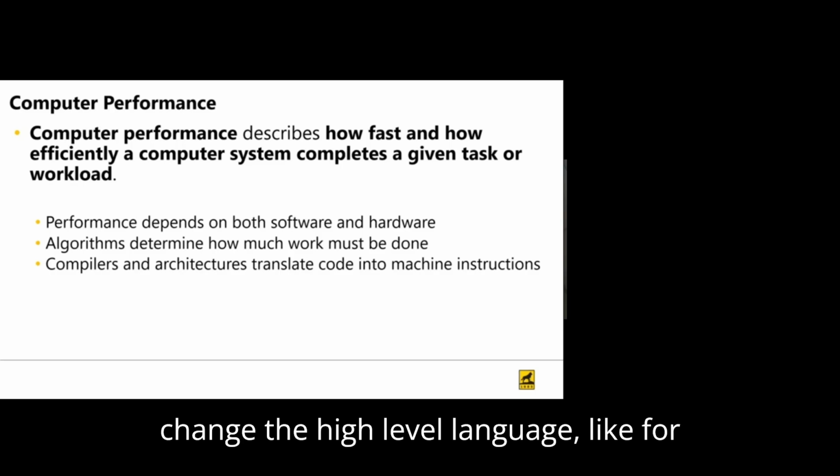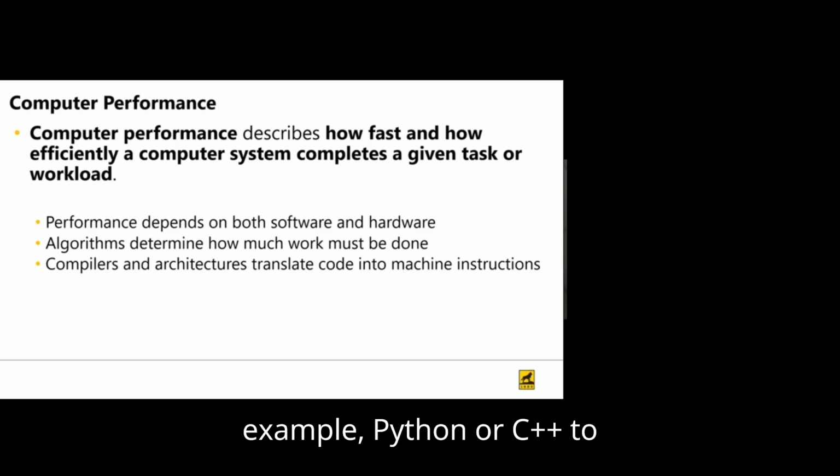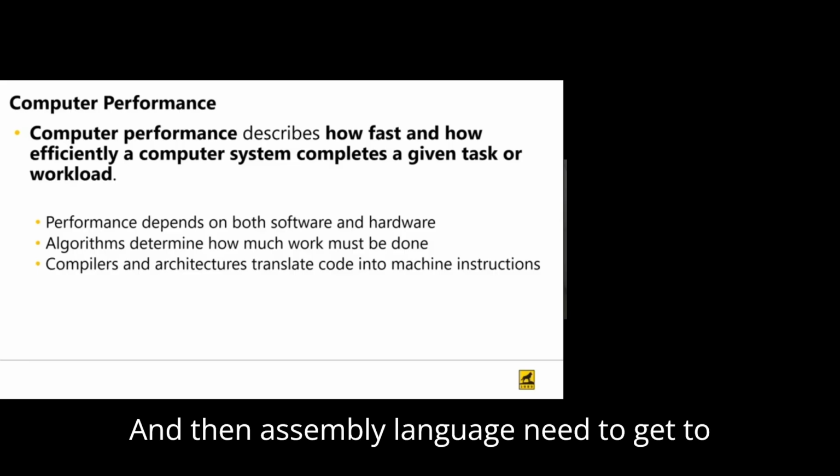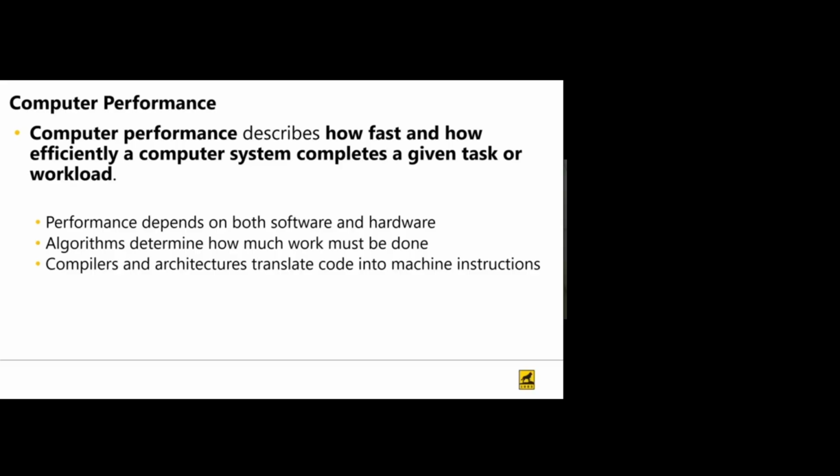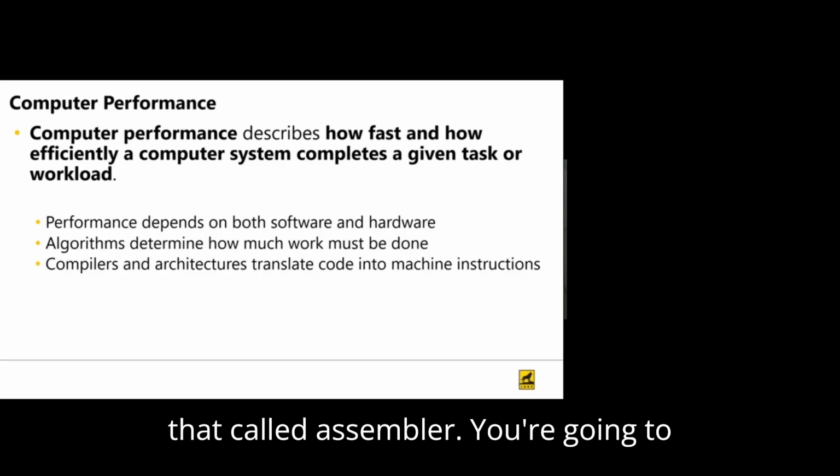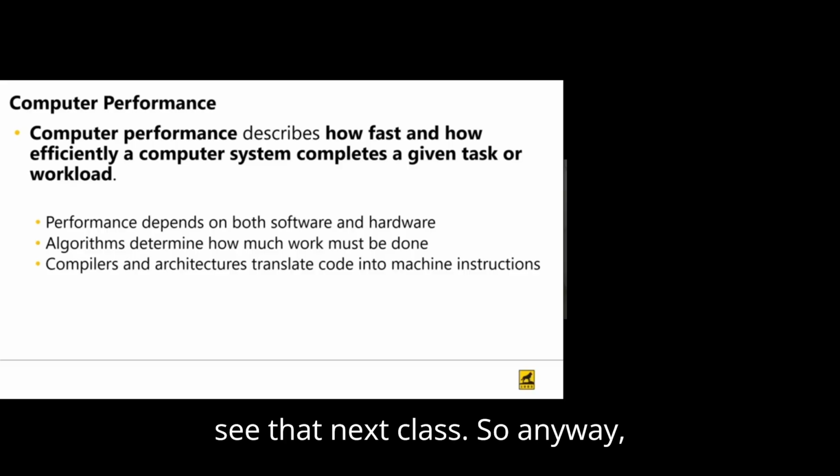The compiler changes the high-level language, for example Python or C++, to machine language, to assembly language. And then assembly language needs to be turned into the actual instructions of the computer in binary by what is called an assembler. We're going to see that next class.